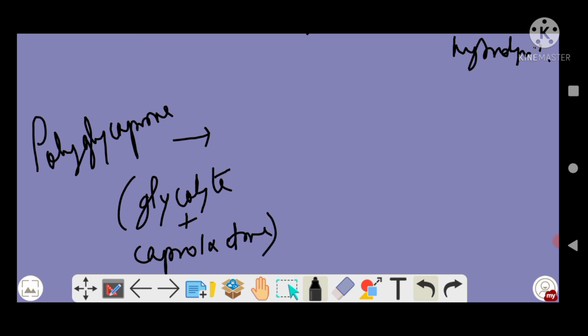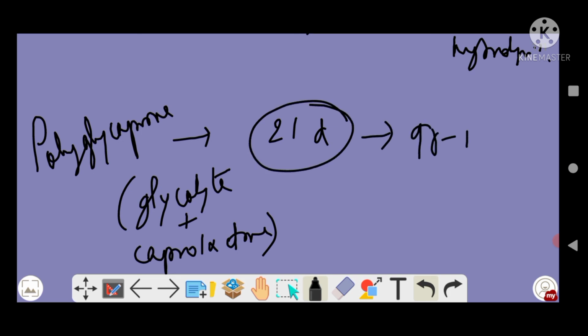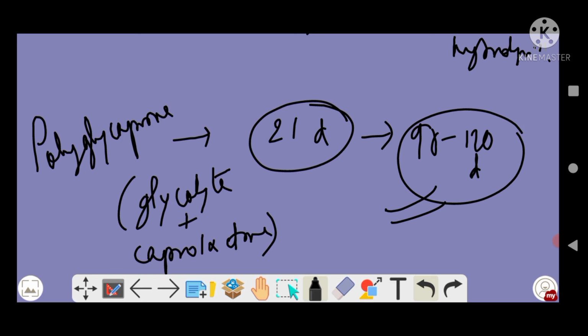All right. And tensile strength is maximum, it remains up to 21 days, and for absorption it maximum takes 90 to 120 days with mild tissue reaction. Okay, so this is your absorption rate, 90 to 120 days, the number of days it takes to be absorbed.